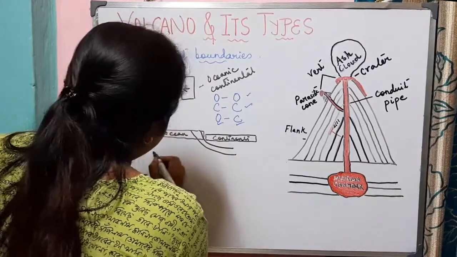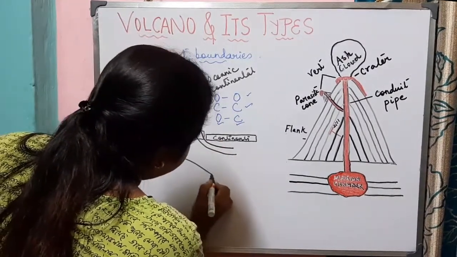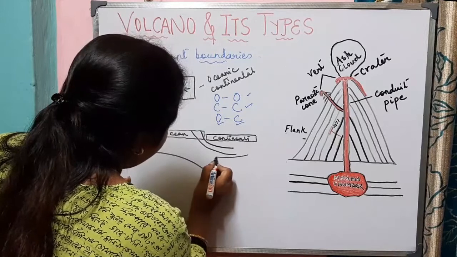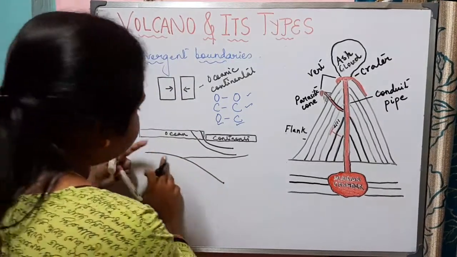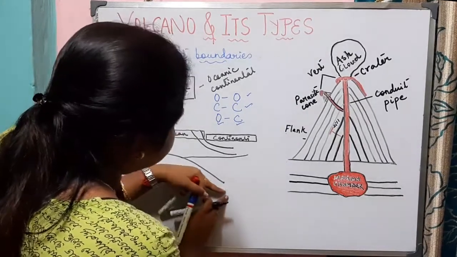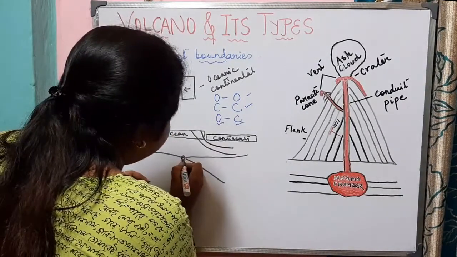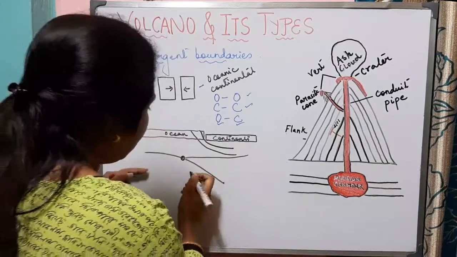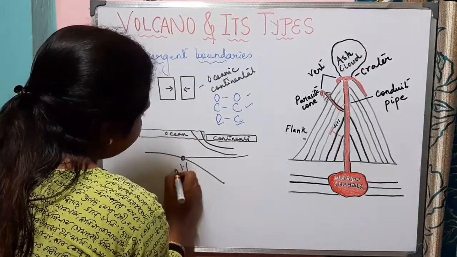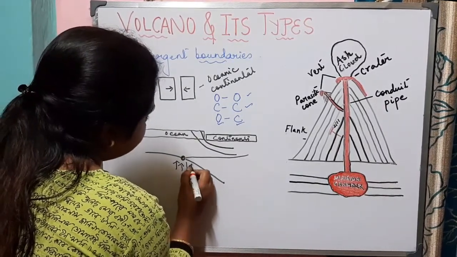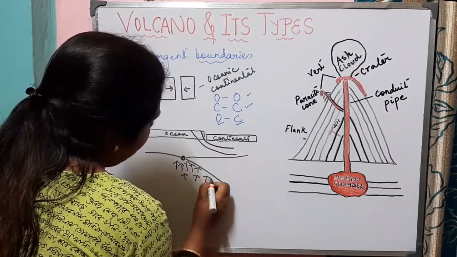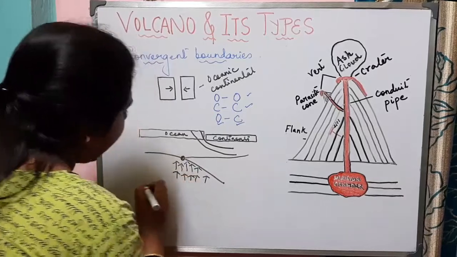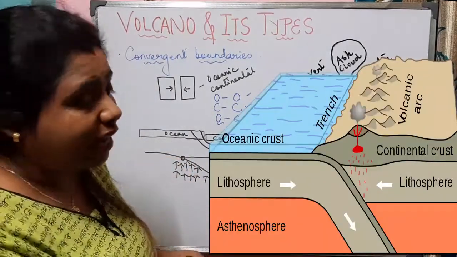That means the oceanic plate will get subducted. Now in this zone where the plates are causing subduction, a pressure is created, and that pressure leads to the rising of the magma and will cause volcanic eruption.